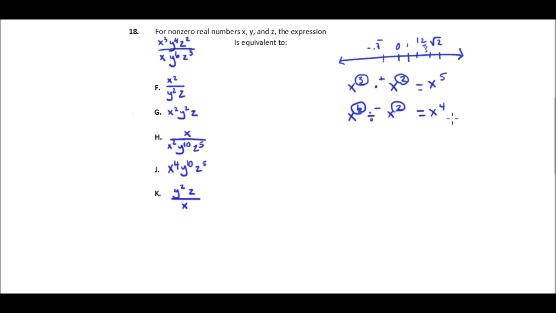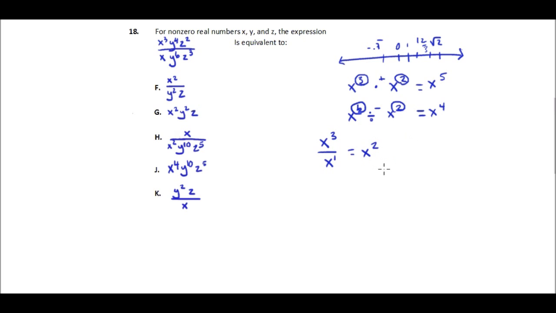So that seems all fine, but then what do you do when you run into a problem like the one we've got here? Let me start with x. So x cubed over x seems pretty straightforward because x is just x to the first, so it's 3 minus 1, and you get x squared, right?